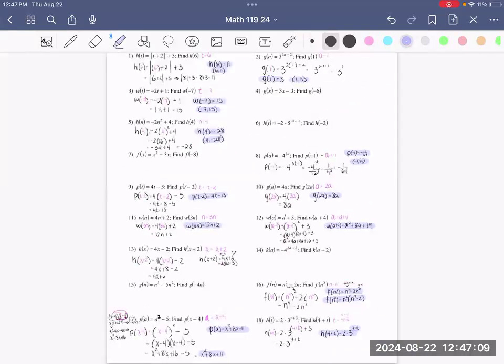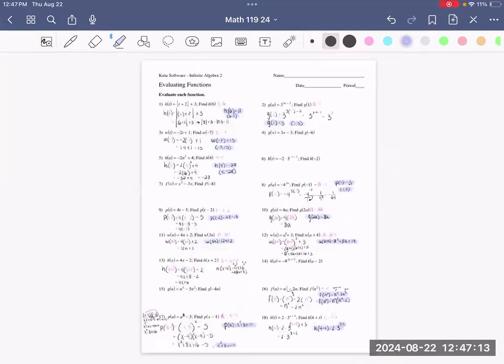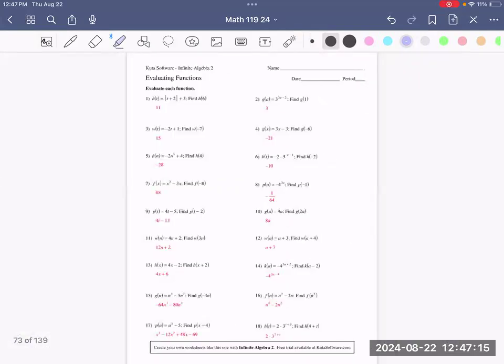All right, so I'll leave the rest for you guys to finish out. Again, here is your answer. You'll notice that 17 and 12, we adjusted just ever so slightly.